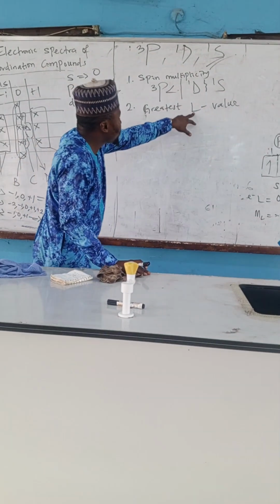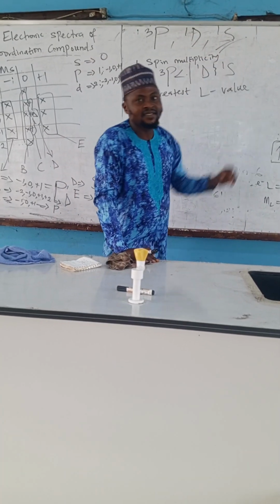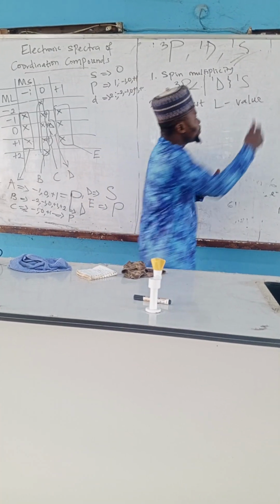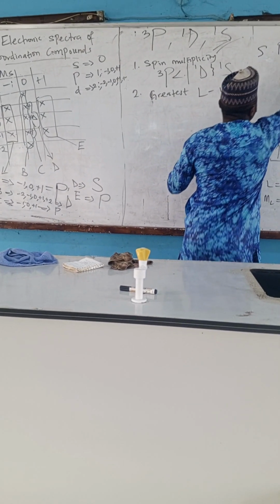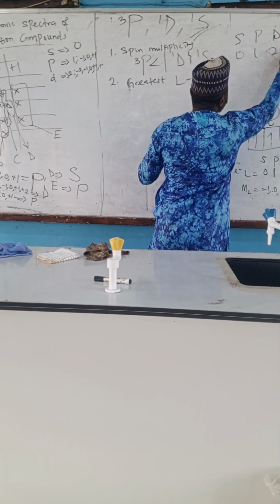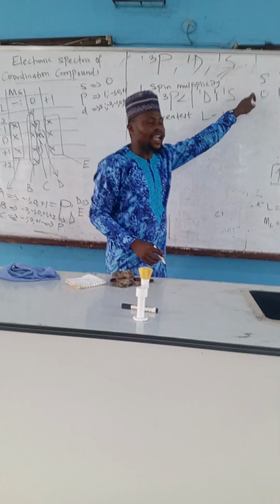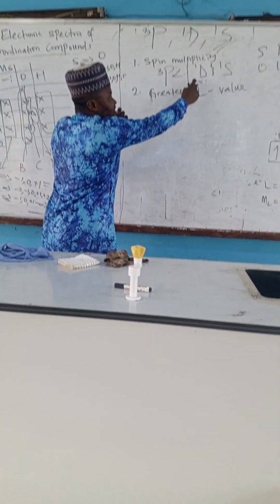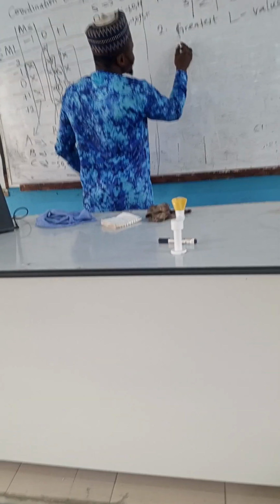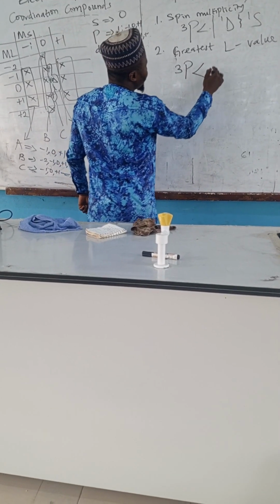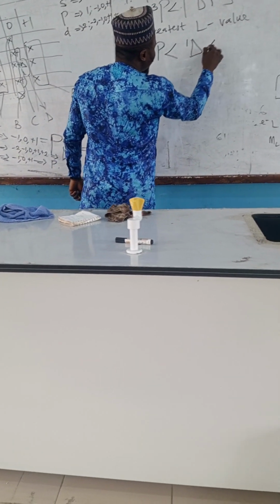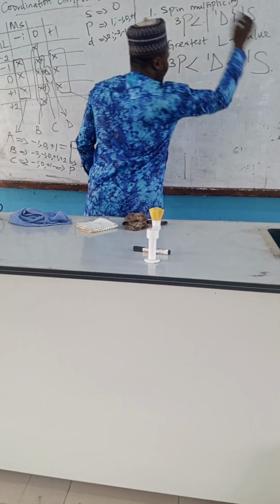So the greatest L value between D and S, which one is greater? We have S, P, D, F: 0, 1, 2, 3. D and S. D is greater than S. So D is lower in energy than S. So that means that this is 3P lower than 1D lower than 1S.